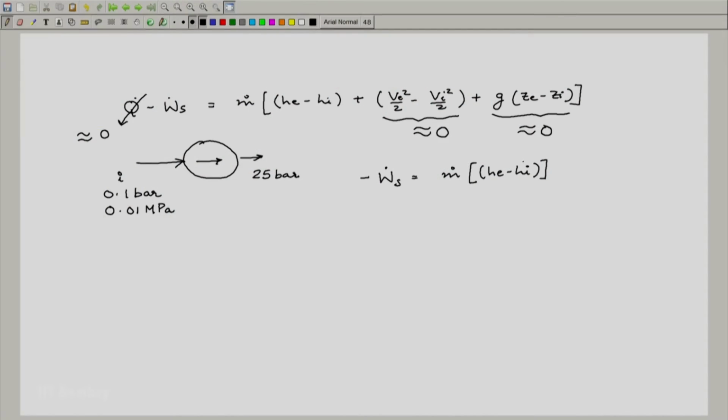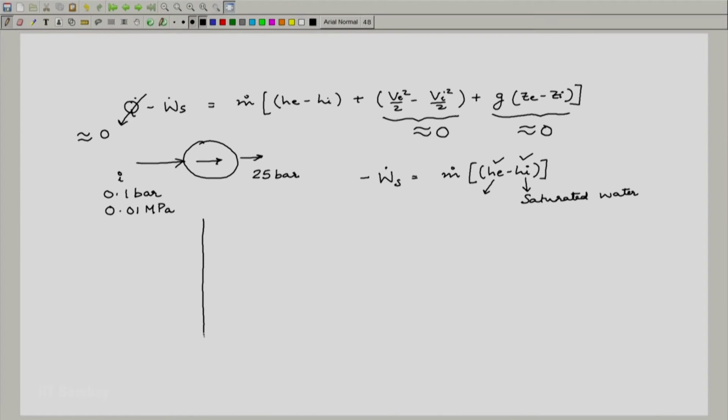Now if the tables were listed well for water, then we would have got both HE and HI from the tables, but what we have right now is HI is well defined because it is at the saturated water state. So this is well defined, whereas HE cannot be really found out from the tables unless there is a pretty good compressible water table available with you.